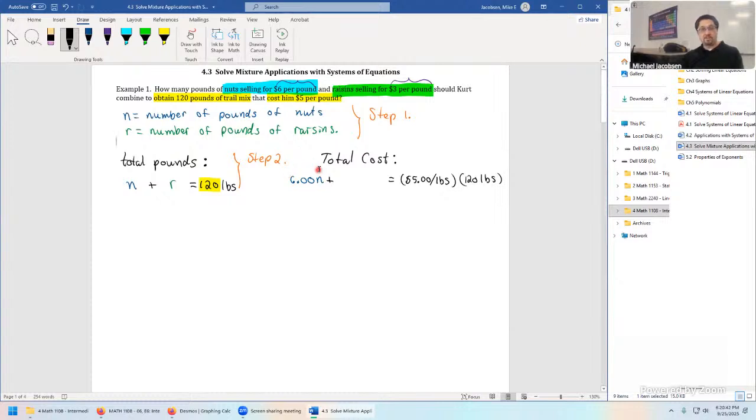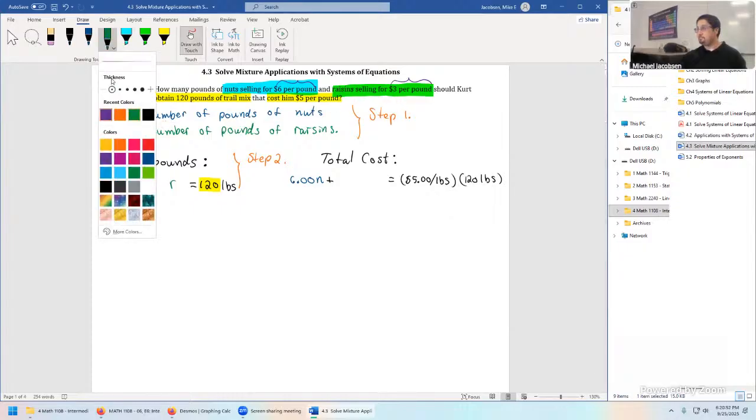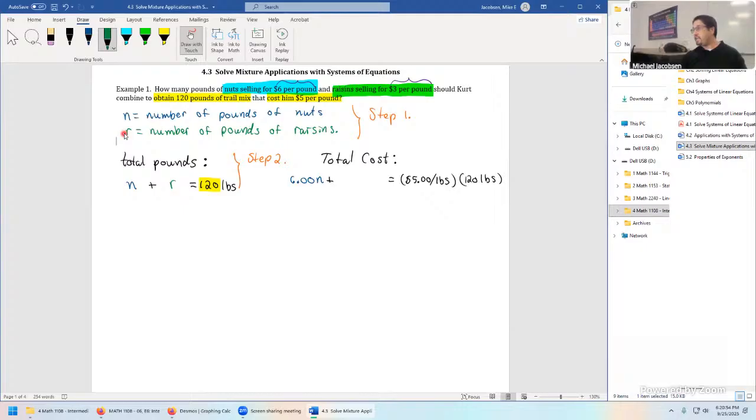N is the number of pounds. So that's the contribution to the total cost coming from the nuts. Do it again for the raisins. We have $3 per pound for raisins. So we would take 3.00, just to remind us that that's the dollars per pound, times the variable R for the raisins.